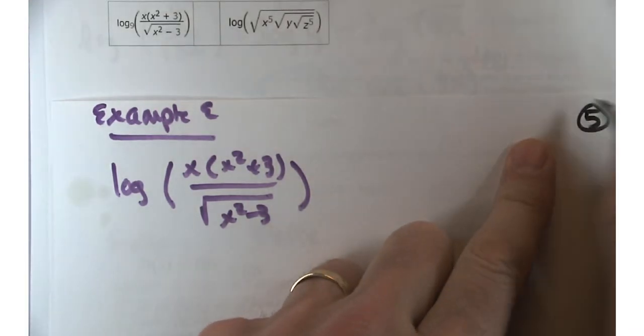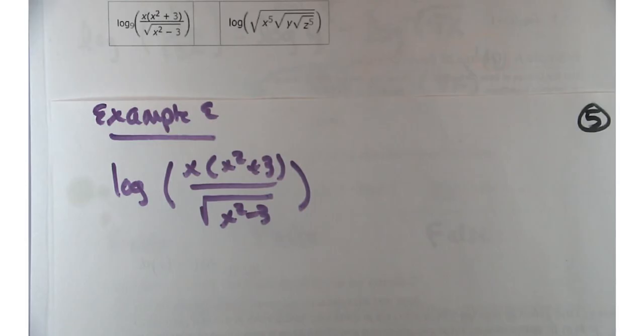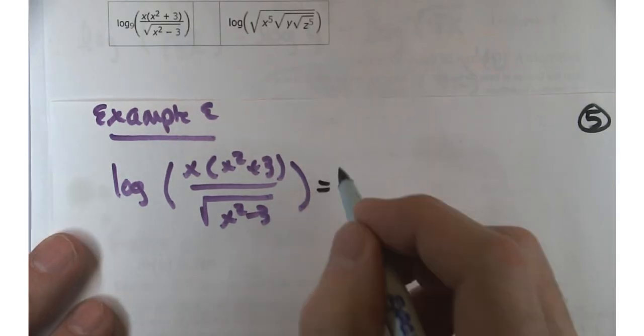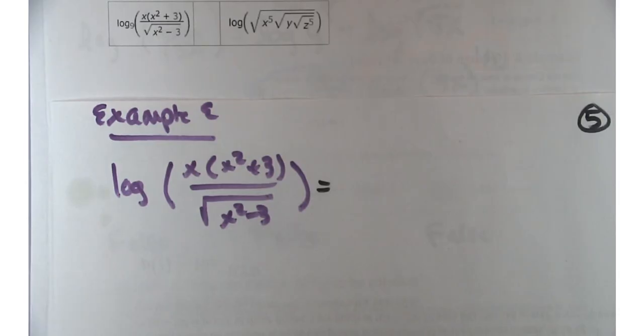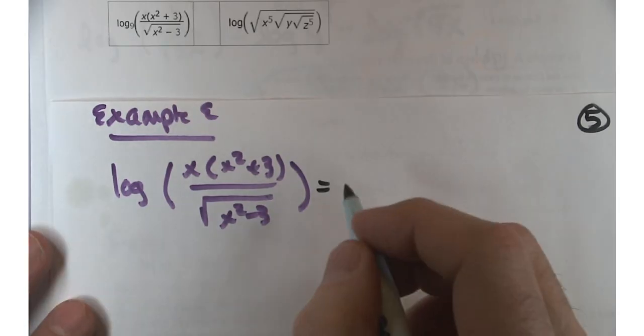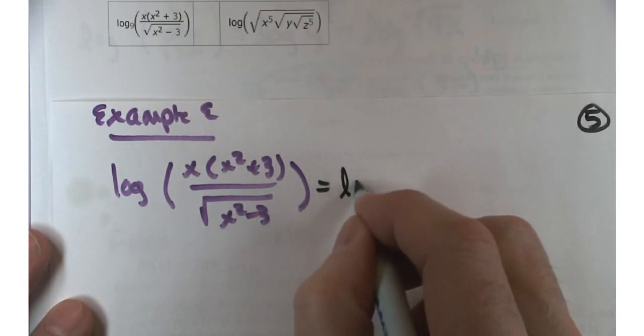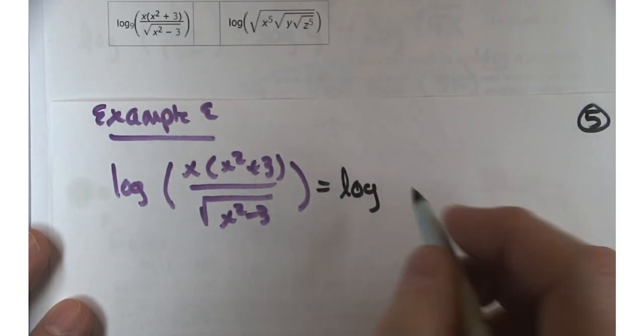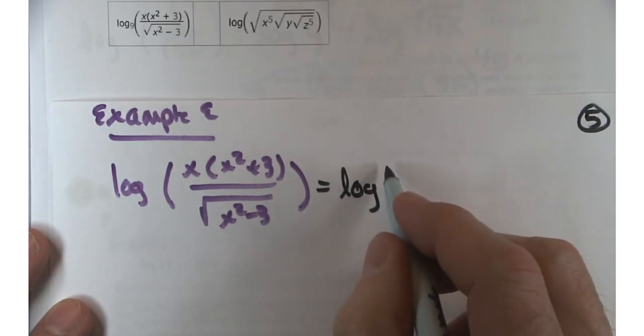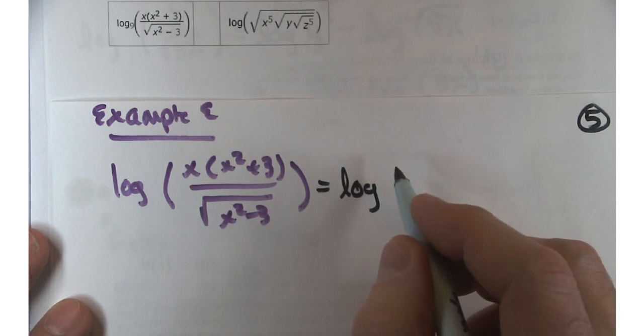Somebody said it over here. Quotient rule. Thank you. So we use the quotient rule. All right. Jess, what's it going to look like if I use the quotient rule? Log of what? Okay.